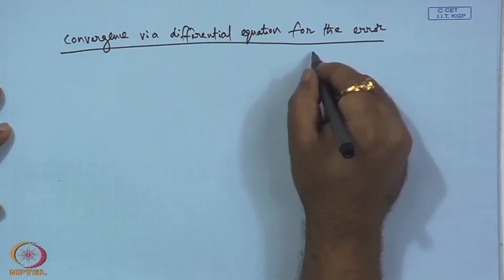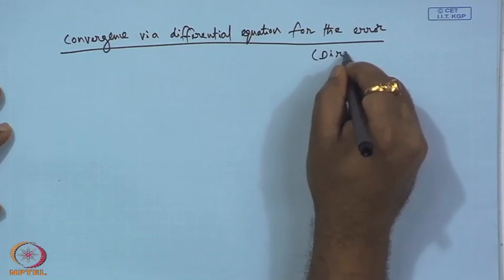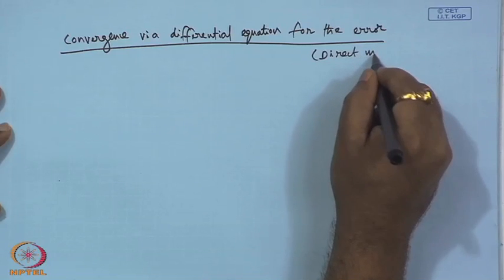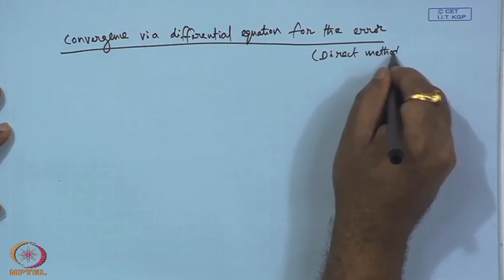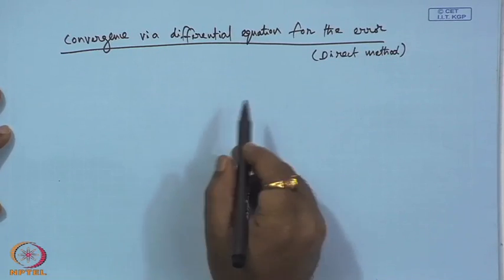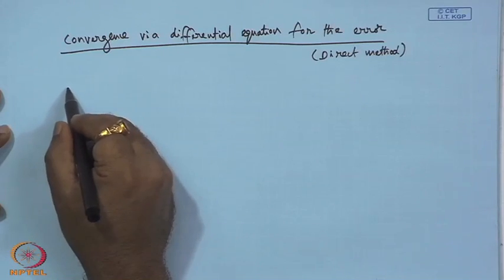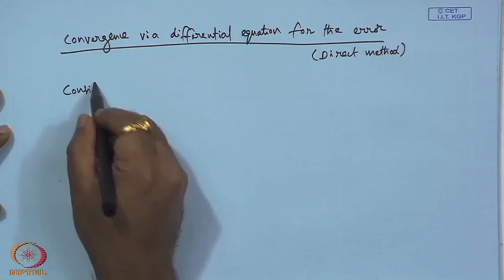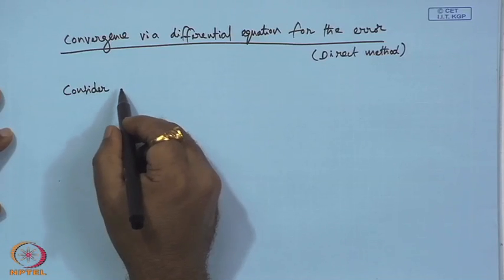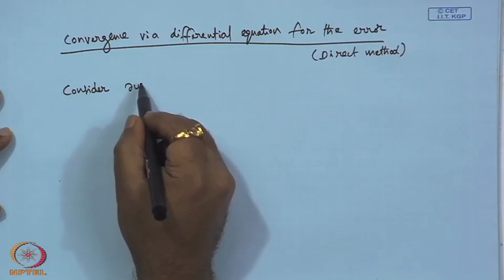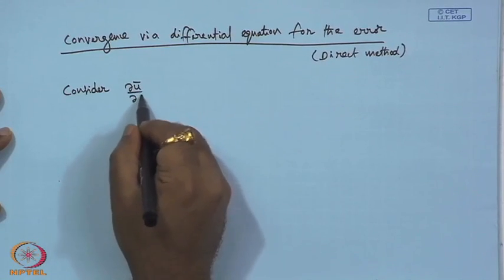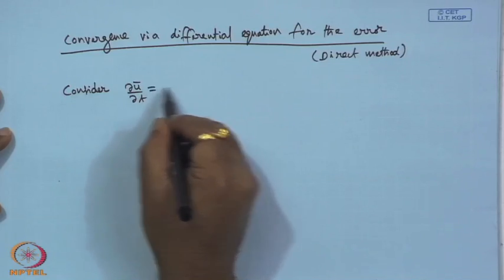So, this is called direct method. Okay. So, consider, so I am putting a bar just to make sure that this is exact.